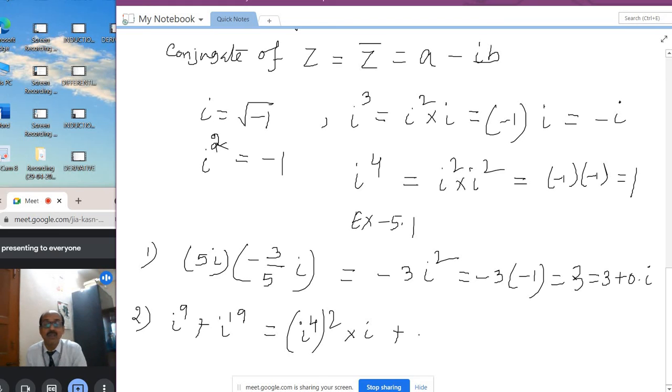So i to the power 19 means i to the power 4, 4 into 4 is 16, into i cubed, the total 19.